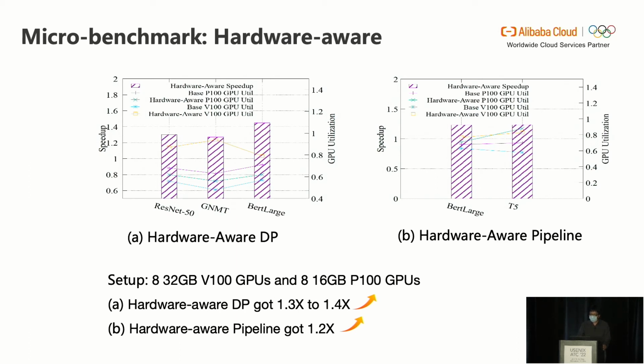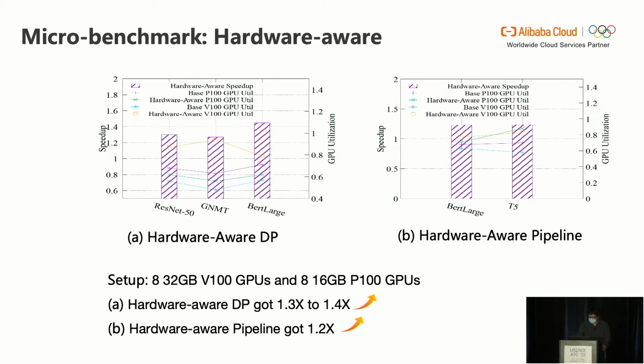We set the same batch size for all models as the baseline. We then apply the hardware-aware algorithm to each model and get the speedup compared with the baseline performance. We outperform the baseline in all 3 models by a factor of 1.3x to 1.4x.